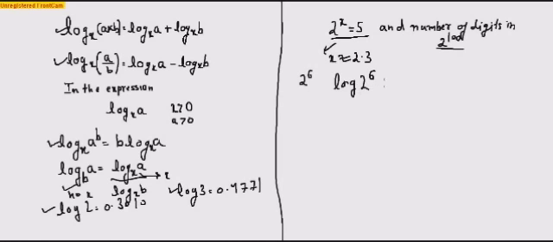Now log of 2 to the power 6 will be equal to 6 log 2, which will in turn be equal to 6 into 0.3010, which gives me 1.8060, while the number of digits in 2 to the power 6, which is 64, is 2 digits.